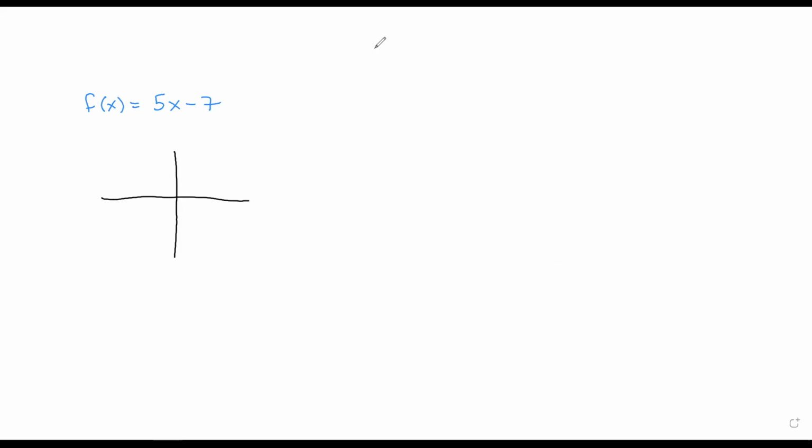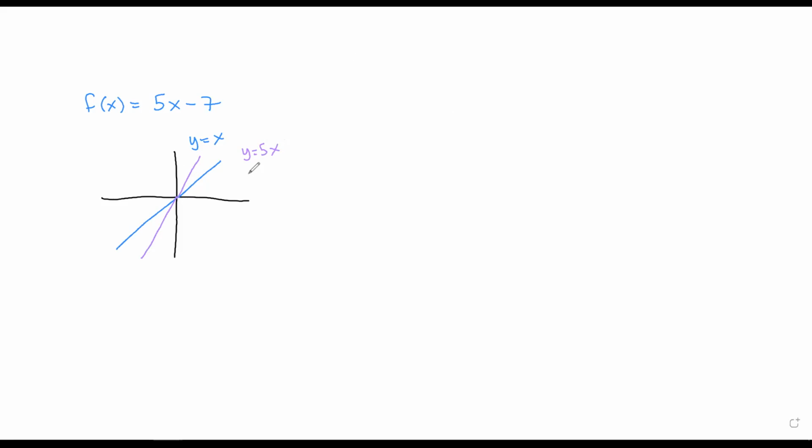So what type of function is this one? This one is a line. The base function is y equals x, which would be this one. I'm just going to go step by step like we've done with the others, and I'm going to use some color coding here. y equals 5x means we're making it a little bit closer to the y-axis.